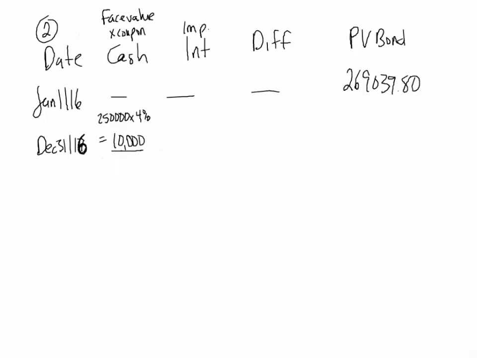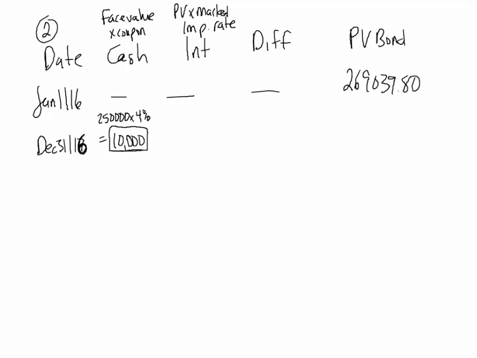So we have to calculate the true interest expense to us, because even though we fork over $10,000, the bondholders have funded part of it. How much interest are we actually paying? We're paying the present value times the market rate. That $10,000 doesn't all come out of our pocket. A portion comes out of the money the bond investors gave us at the beginning.